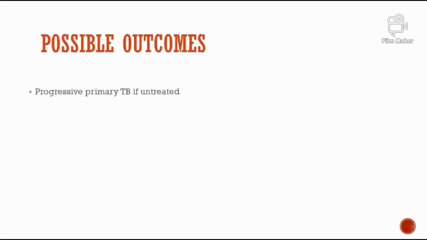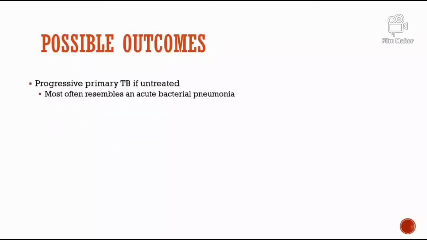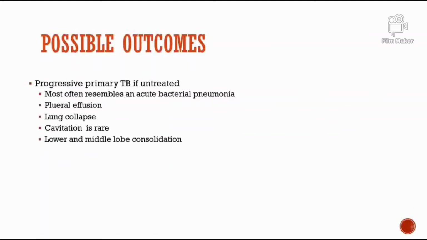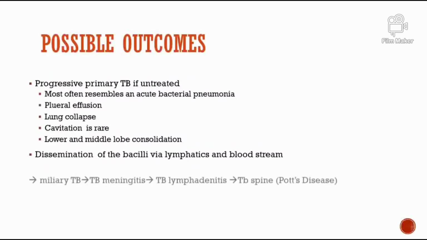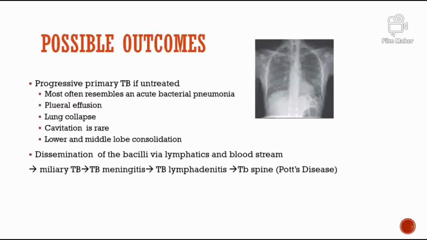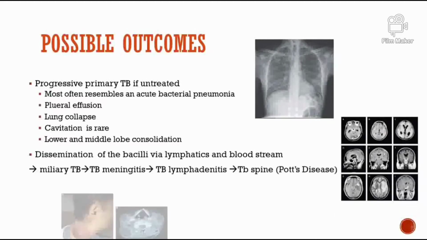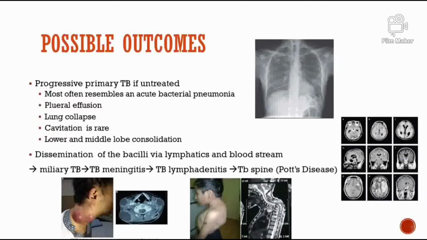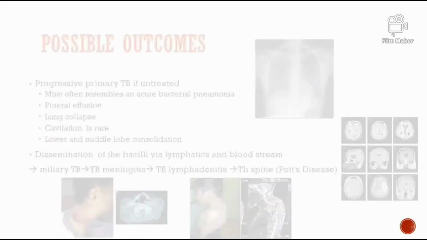Then possible outcomes: it will progress to primary TB if untreated, which most often resembles an acute bacterial pneumonia. Pleural effusion, lung collapse, and cavitation are rare, and there is lower and middle lobe consolidation. Then the dissemination of the bacilli via lymphatics and bloodstream will cause miliary TB, TB meningitis, TB lymphadenitis, and TB of the spine, or Pott's disease.